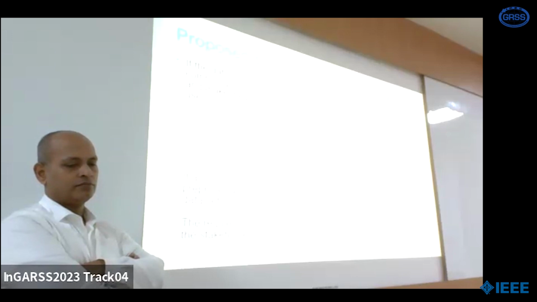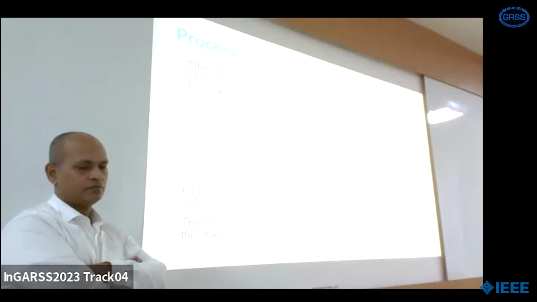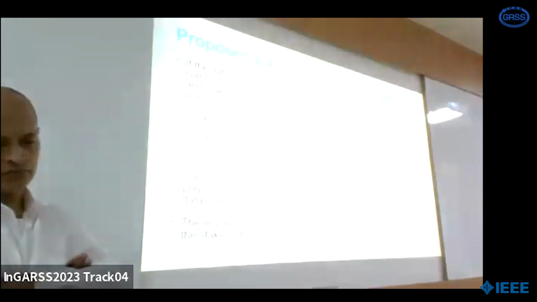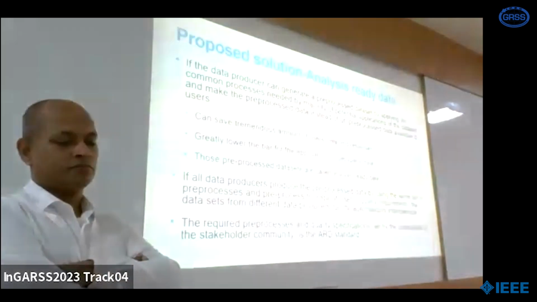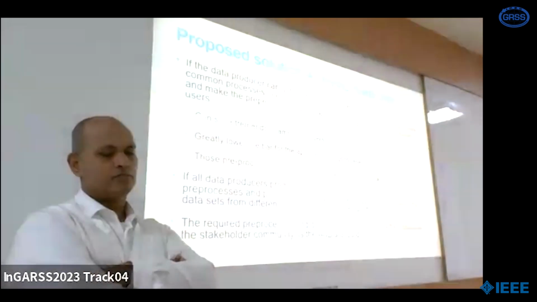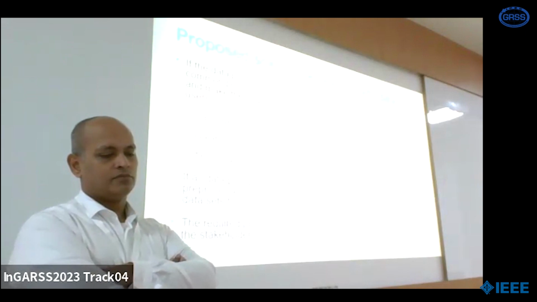If the required pre-processing and quality specification is set by consensus for the community, then that set of required pre-processing and quality specifications is the standard, and we call this the ARD standard.